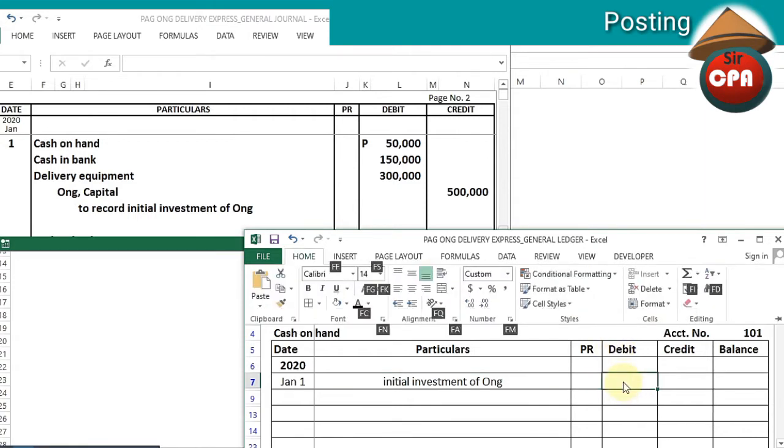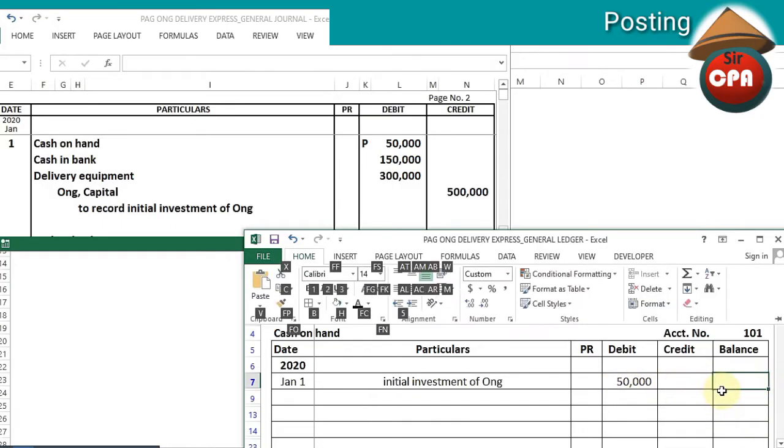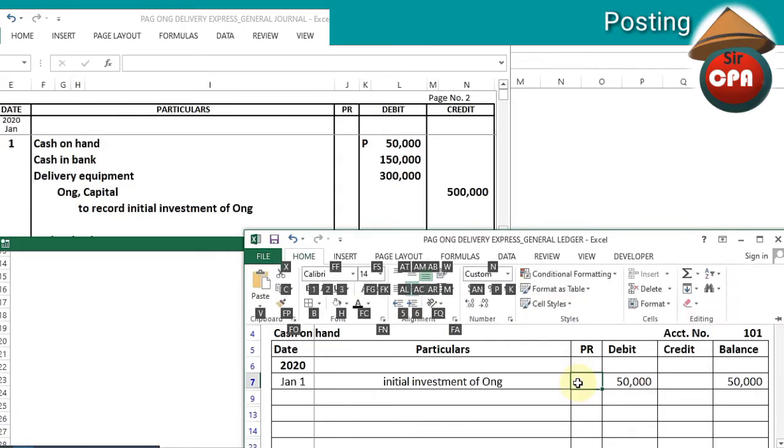So, next, proceed tayo sa balance. So, since as of now, 50,000 pa lang ang nandito, yan muna yung balance niya. So, sulat natin, 50,000. And last, itong PR na sinasabi nating post reference or folio. Ngayon, anong ilalagay natin dyan? Ang ilalagay natin dyan ay J2.